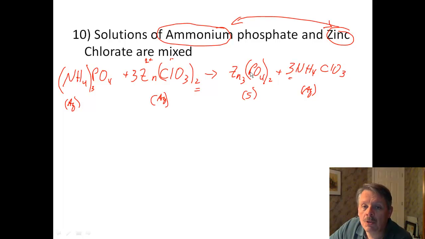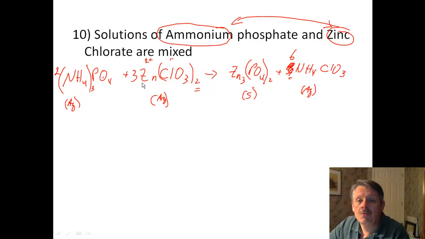We're going to put a 3 in front of there, which means this is going to change to a 6, which means NH4s. We've got 6 NH4s, so we've got to have 2 of those. So we got 2 phosphates. That's correct. 3 zincs. That's correct. 6 chlorates. That's correct. 6 NH4s. That's correct. We are, in fact, balanced. Wow, that was messy. Okay.